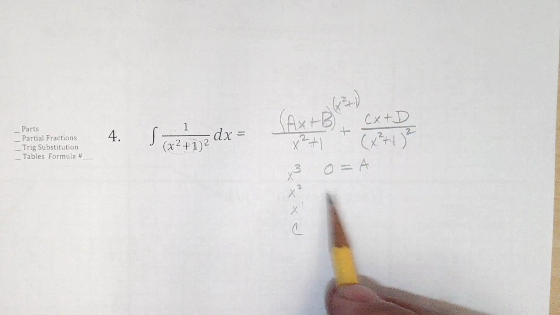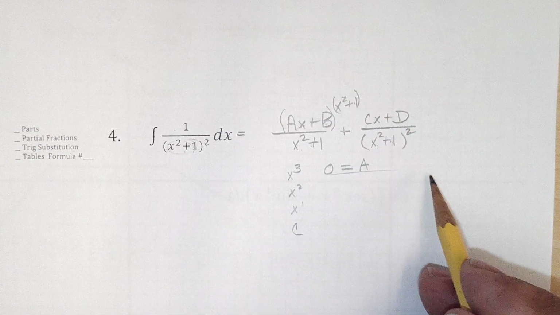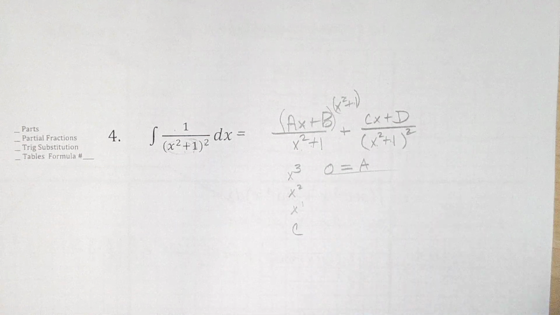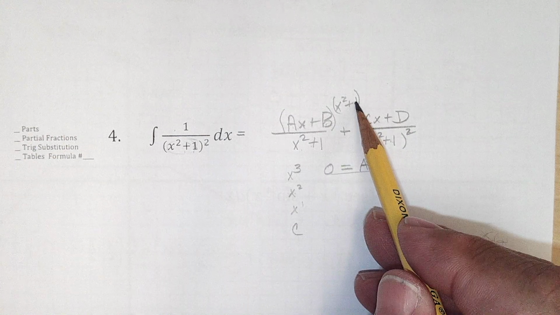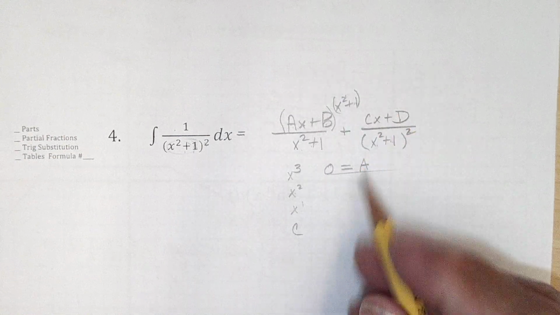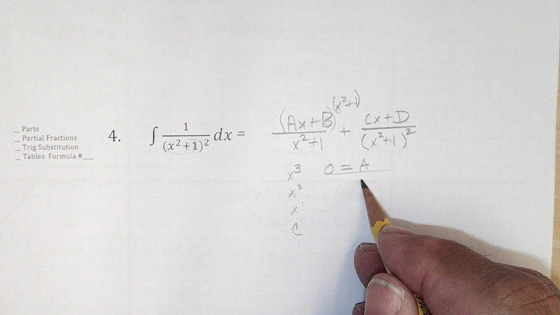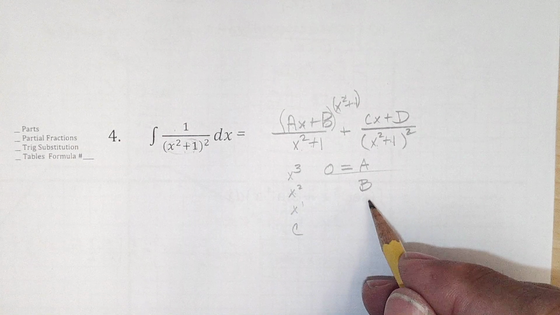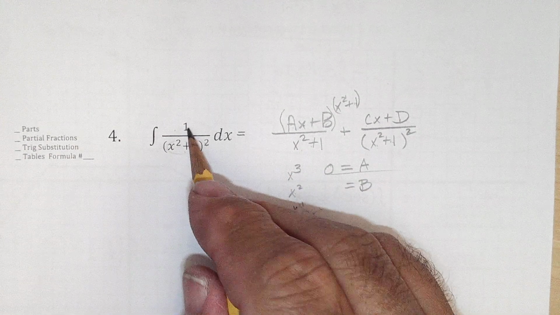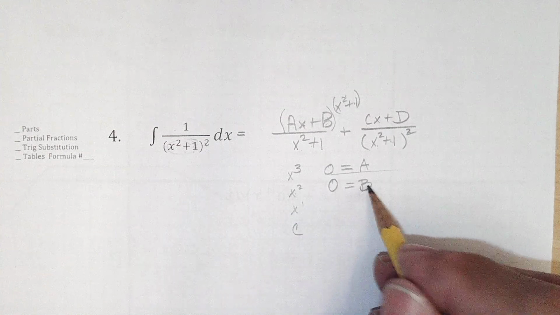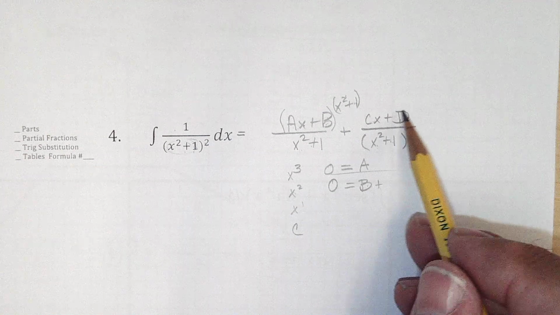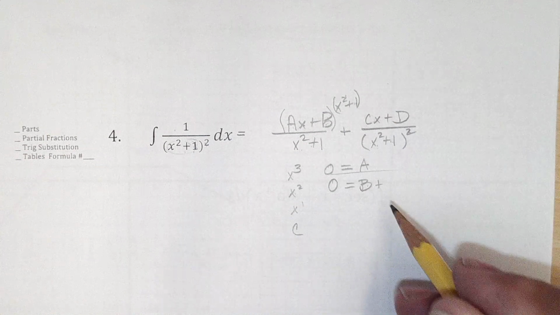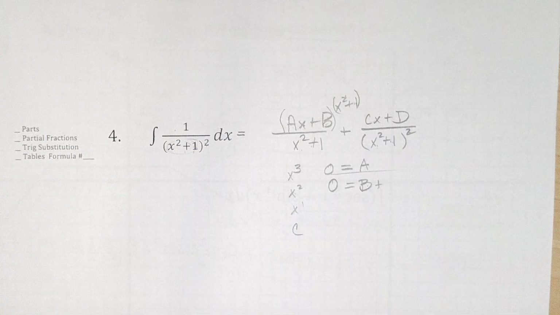There's no other x to the third, so that's it. A has to be 0. X squareds. Ax times 1 is not x squared, but b times x squared is 1, so I got b. And how many x squareds do I have over there? 0. So I got 0 equals b plus, how many x squareds do I have here? None. Oh, so b has to be 0.